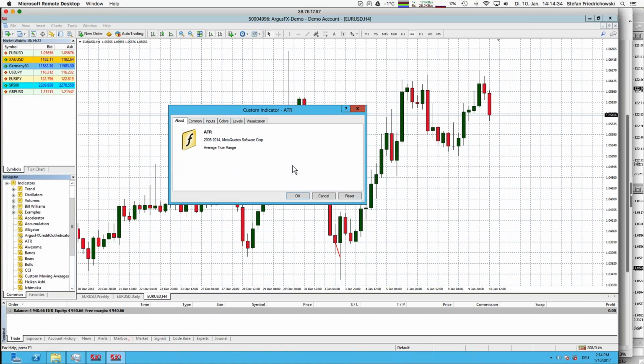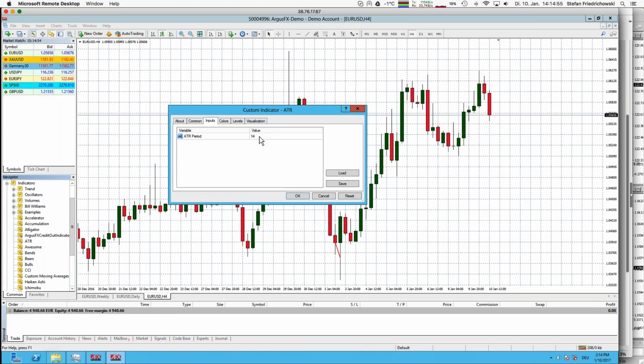You see a dialog opening here, and there's one input variable, and that input variable is the so-called ATR period. The original standard value here is, for example, 14. What does it mean?